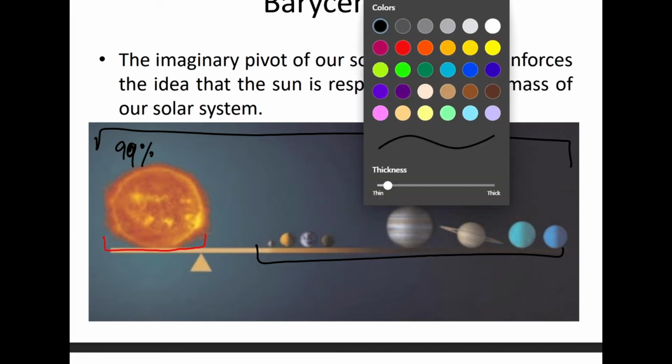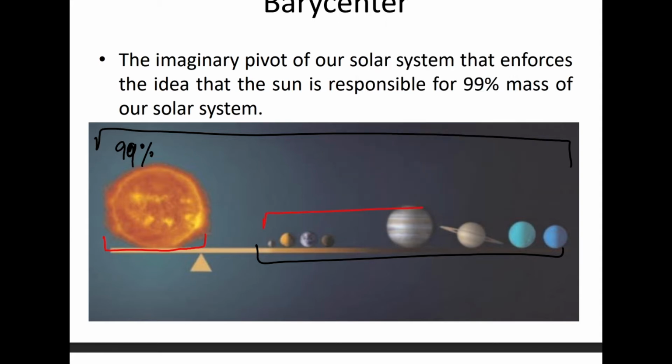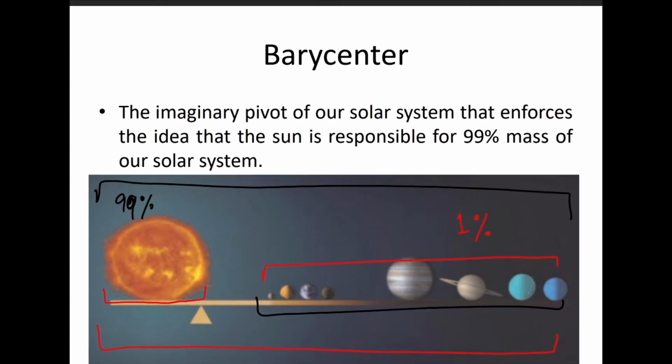So all the rest of the planets of my solar system only contribute just 1% of the mass of my solar system. And wherever this pivots based on simple moments, that is known as the barycenter, right?